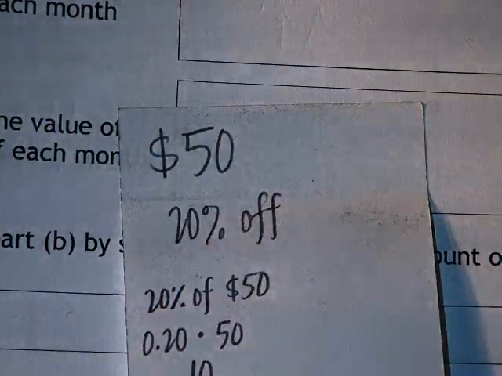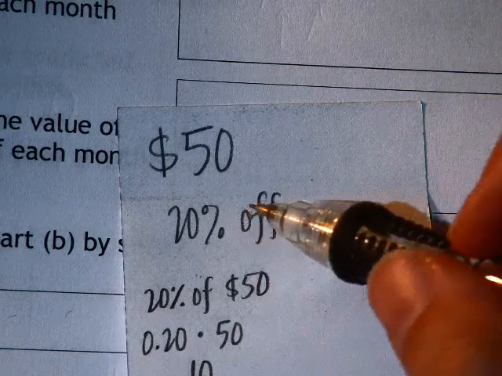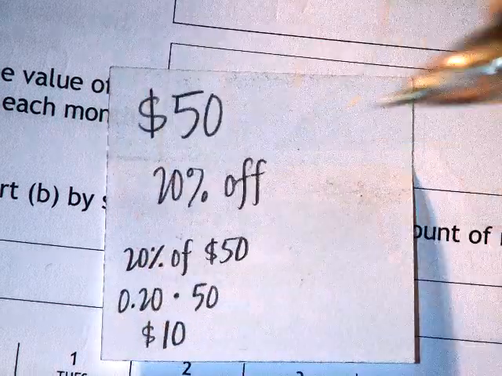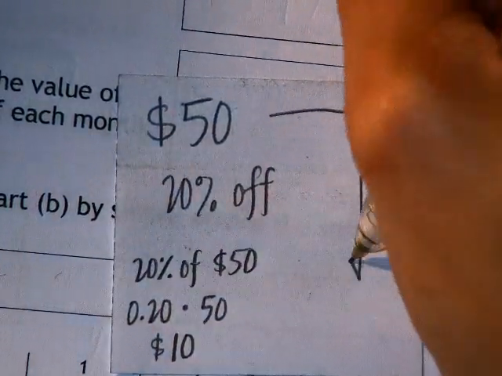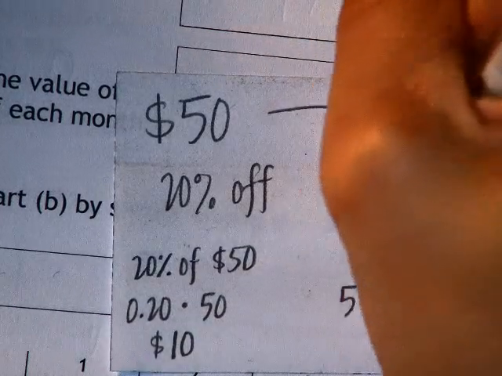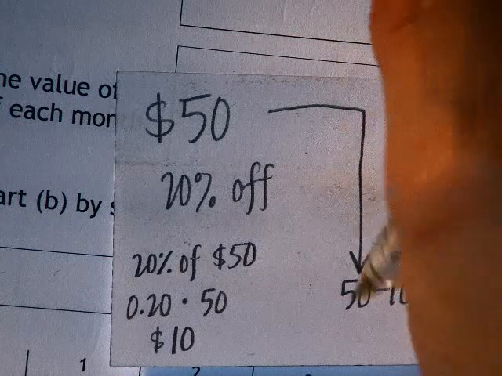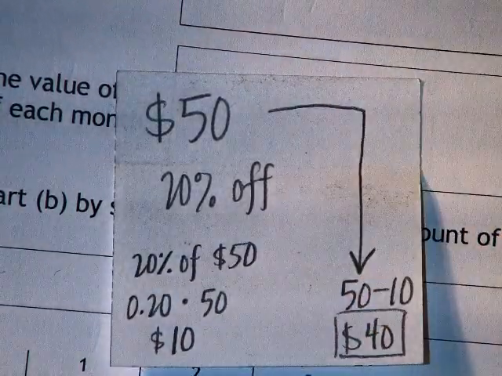And that's what tells us the amount that we're going to get as a discount. That 20% off really translates to saying $10 off. So now that I know I'm getting $10 off, I can take what I started with, $50, minus the $10 discount that I'm going to get, and that tells me the new and improved price of the item I'm trying to buy.